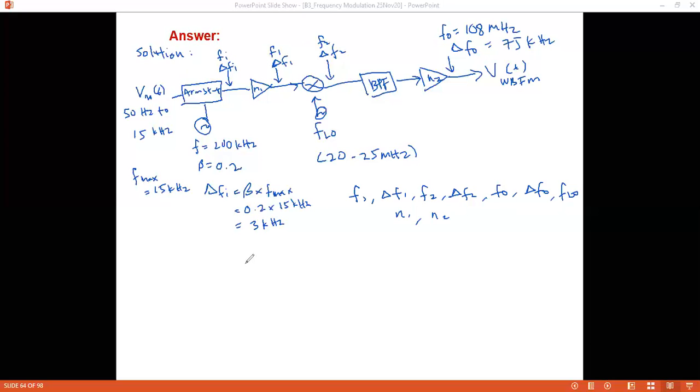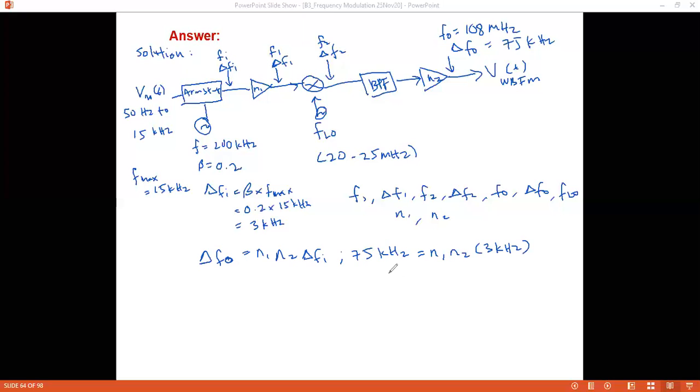Okay, so you know that delta F3, or delta F out, is equal to N1 and N2 delta Fi. So 75 kilohertz is equal to N1 and N2 times 3 kilohertz.